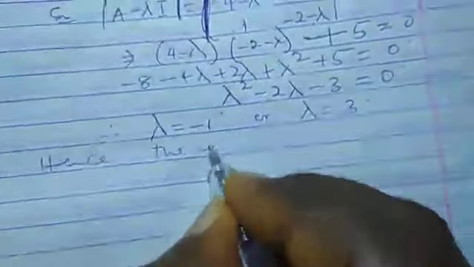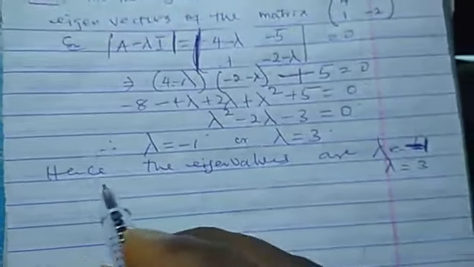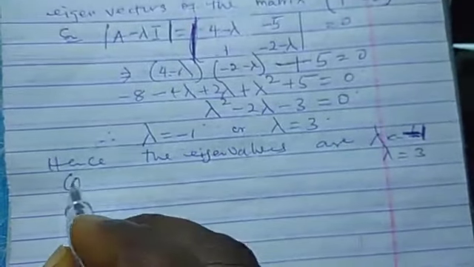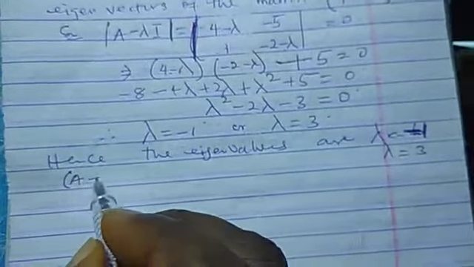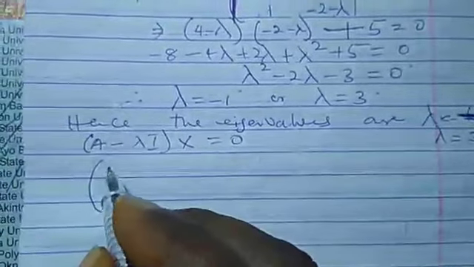Since we have known the eigenvalue, it will now be very easy for us to know the eigenvectors. I will now use the formula. The formula for eigenvector is this: A minus lambda I times X is equal to 0. So let's consider this. A minus lambda, in fact we have gotten that here.